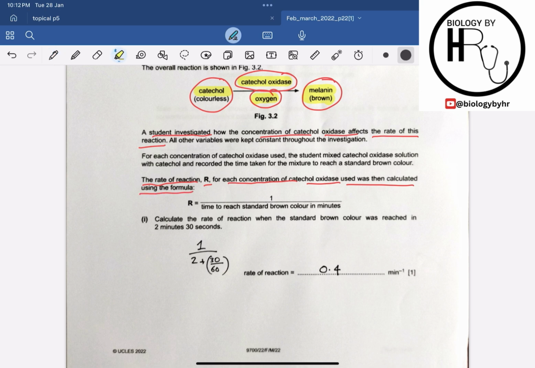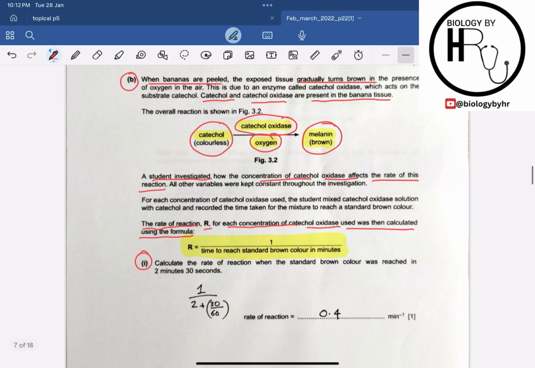Basically they have just given you this formula, which is R is equal to 1 divided by time to reach the standard brown color in minutes. And in part 1 of B, they are saying, calculate the rate of the reaction R when the standard brown color was reached in 2 minutes and 30 seconds.